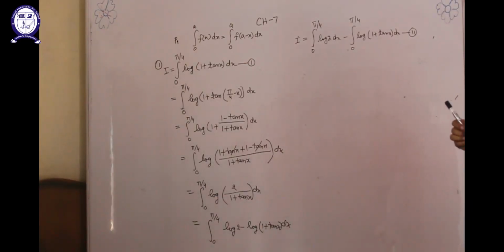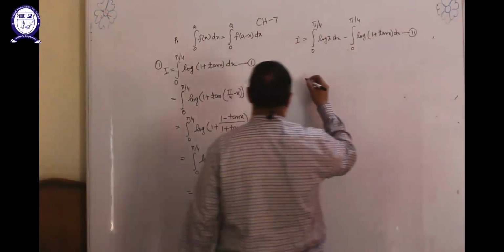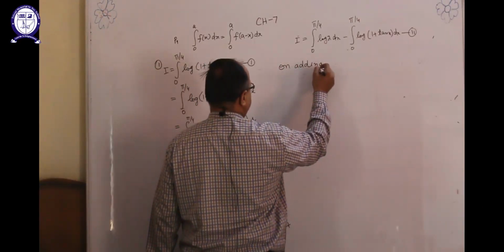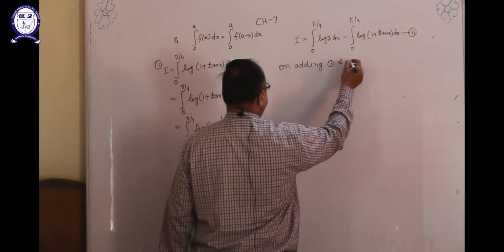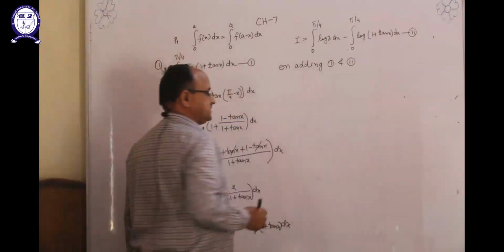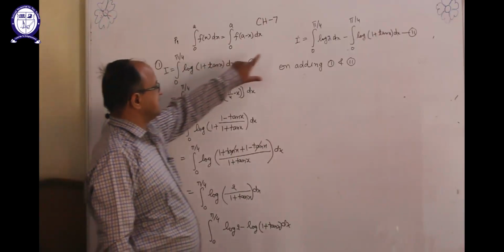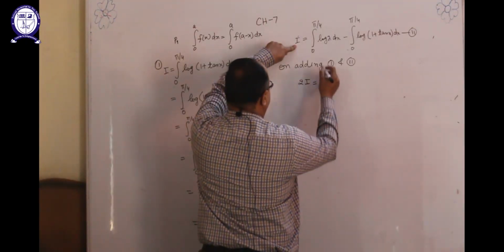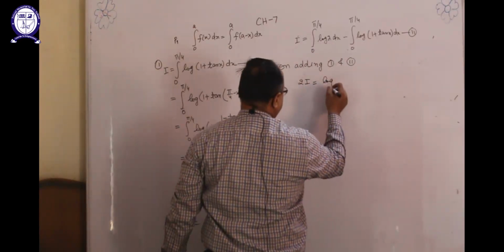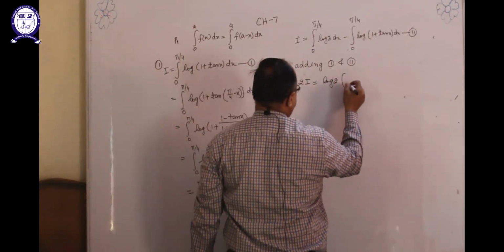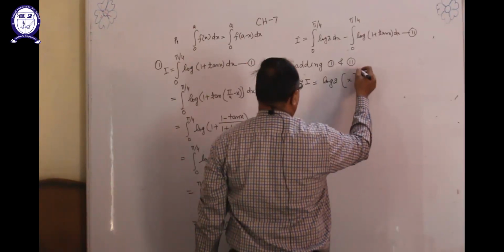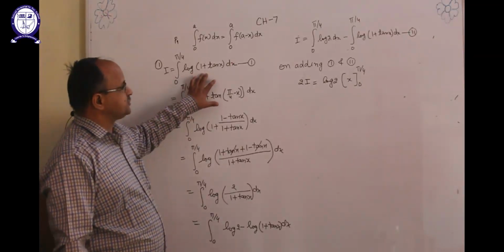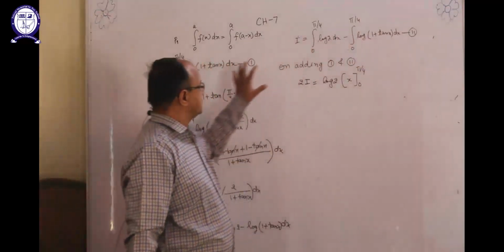Now, on adding first and second, you get I plus I, that is 2I, and the integration of log 2 dx you know very well, that is x, from 0 to pi by 4. When you add equation number 1 and 2, these two terms cancel.